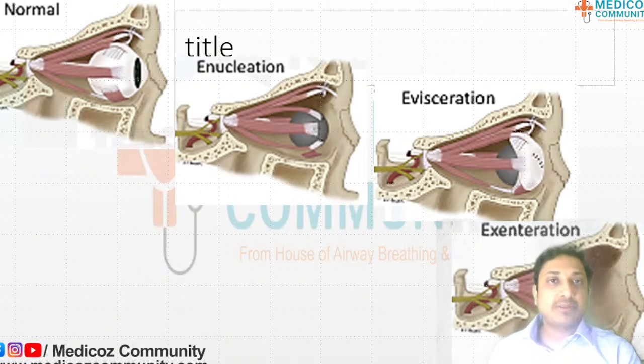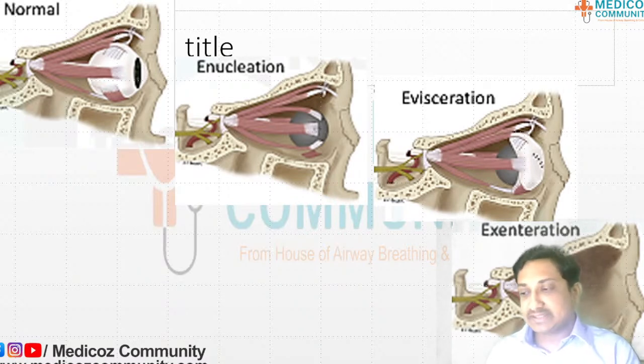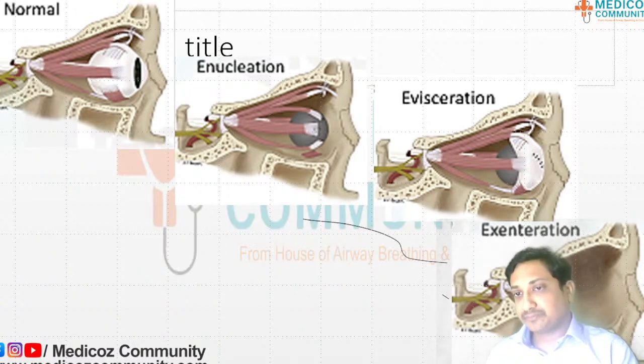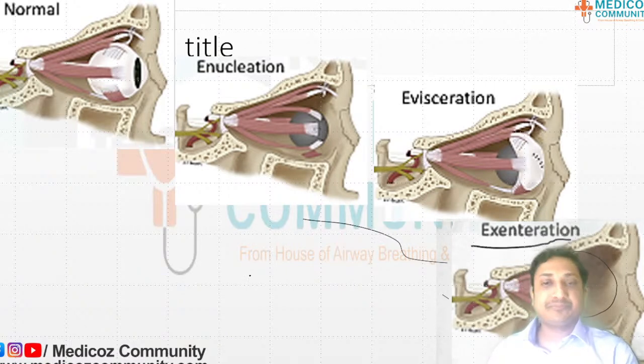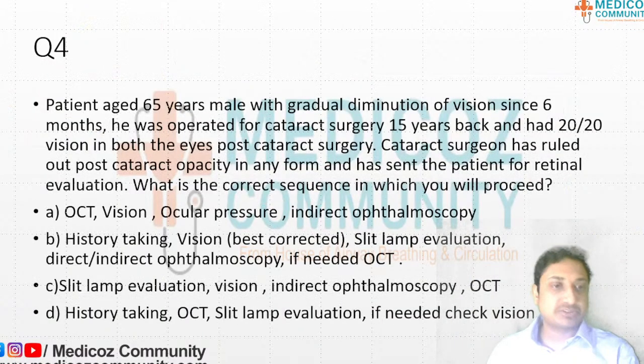For evisceration, you keep the scleral shell intact and remove all the intraocular contents. While in exenteration, you can see here, all the complete things are removed, including the extraocular appendages. Okay, so the question that I had asked was about exenteration, and exenteration was done for which disease in the COVID times? You can answer till the class is over, then we'll discuss this question again.